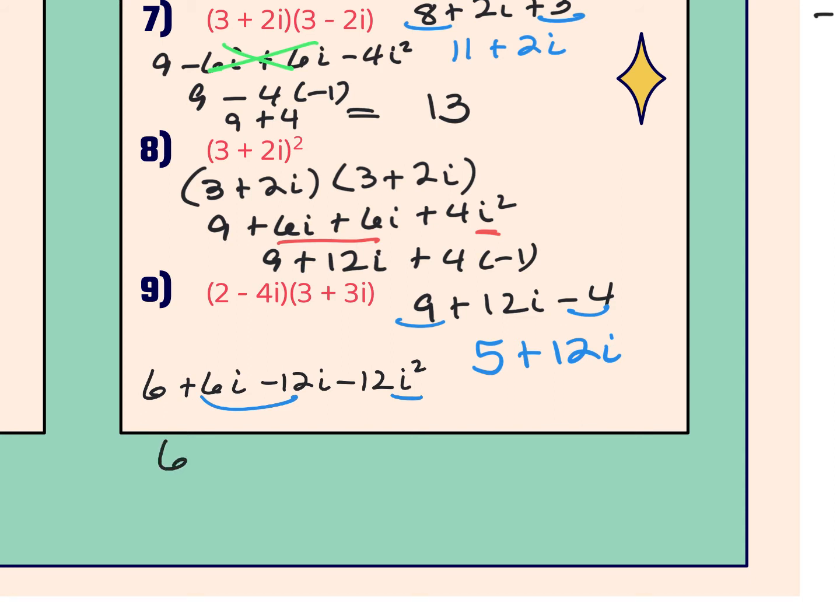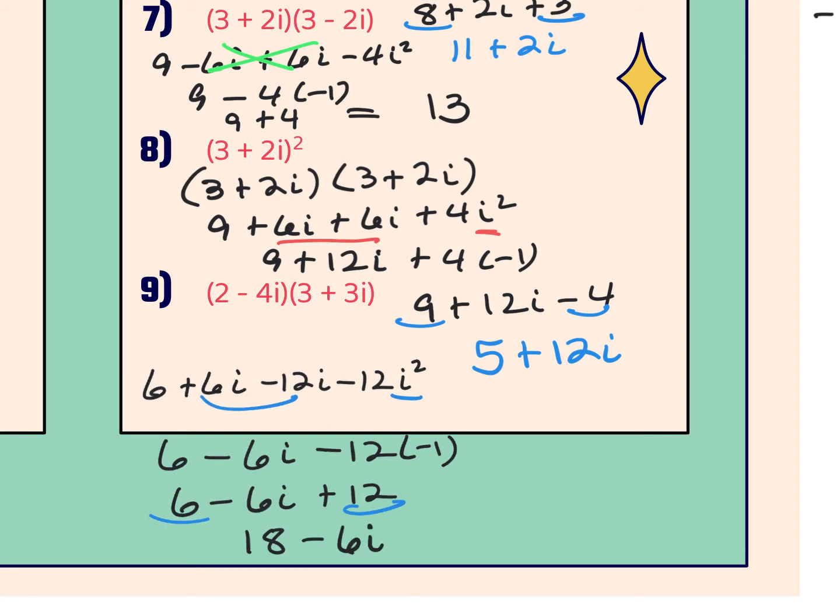So positive 6 minus 12 is negative 6i, and then 12 times negative 1, I'm going to multiply that. I get positive 12, add my two reals, and my final answer here is 18 minus 6i.